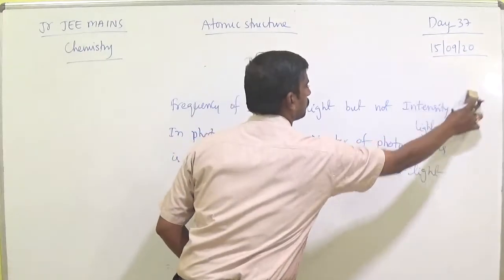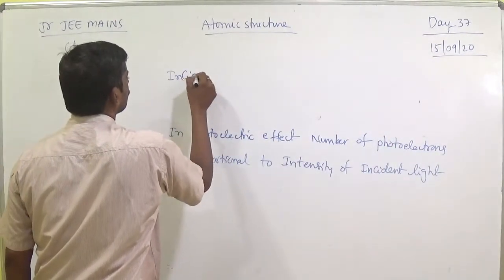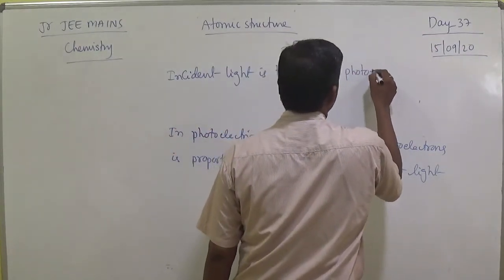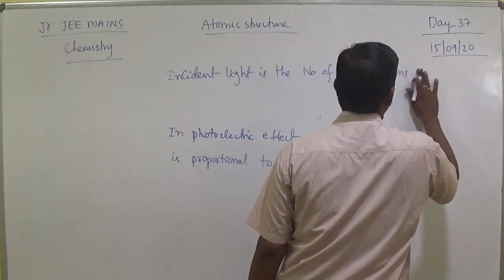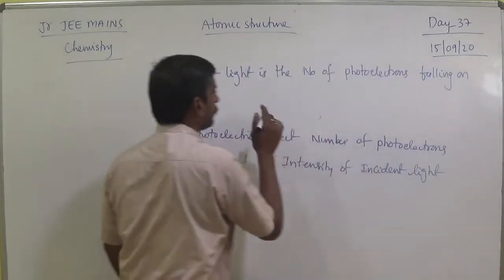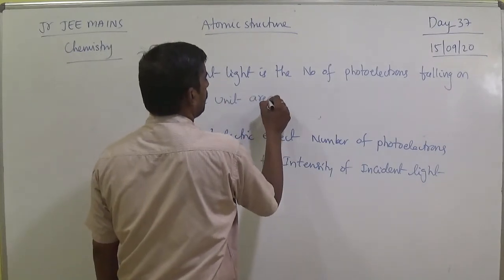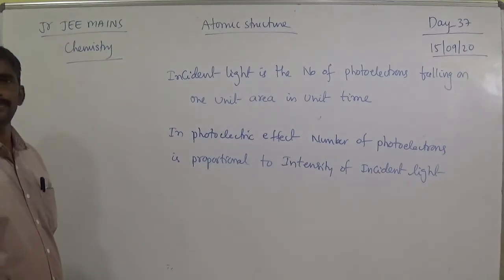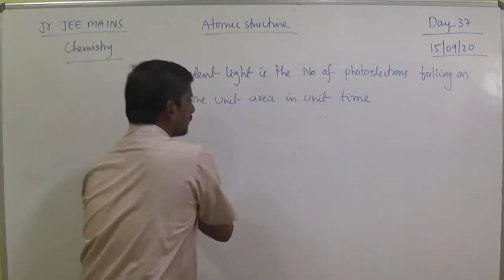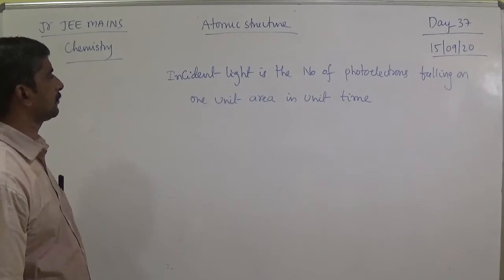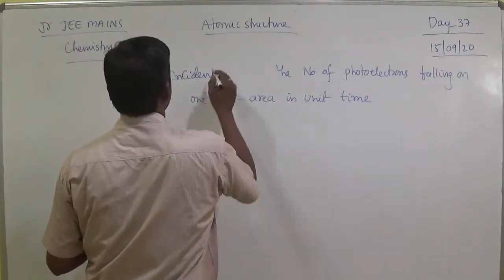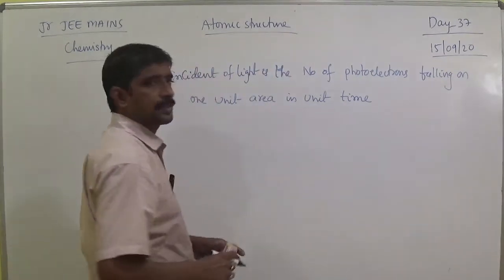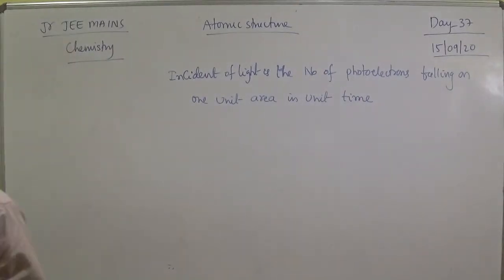Write down: simply, incident light means intensity of light.